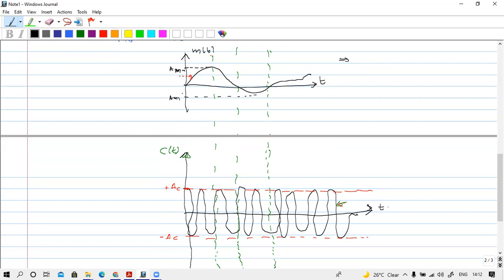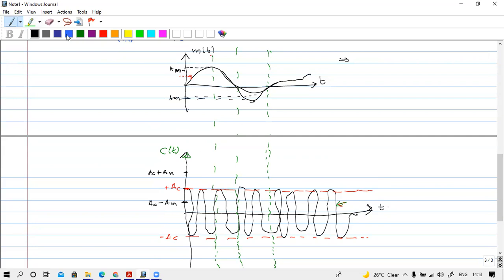This amplitude level can be different, but we will consider this as the same. So this is AM, and the minimum amplitude is also AM. If I mark two other points here, from AC to AM, this one will be AC plus AM, and this amplitude will be AC minus AM.